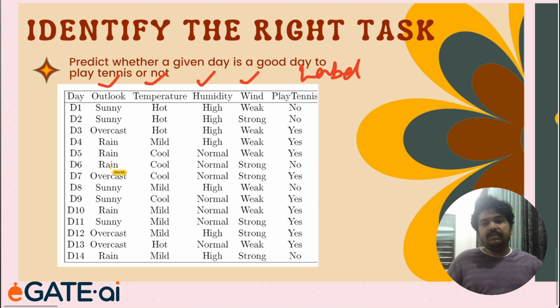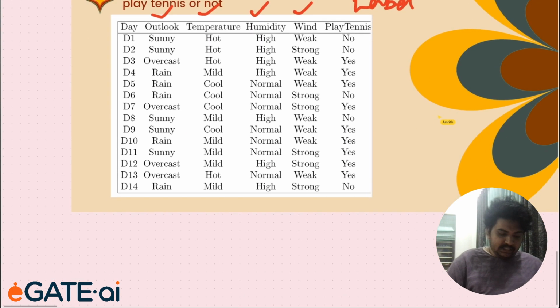Here each row represents a day with a unique ID given as the first column in the table. Each row is uniquely represented as a feature vector of 4 dimensions, 1 dimension for each feature. So if you again see D1, how will it be represented?